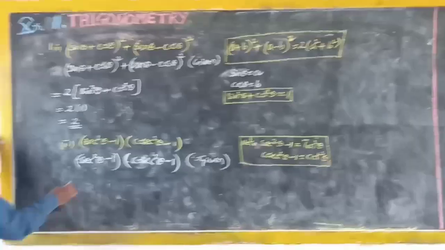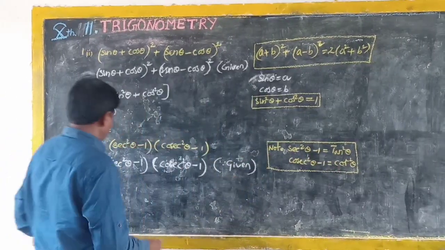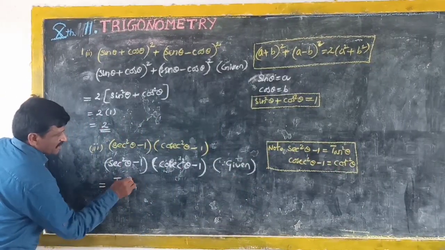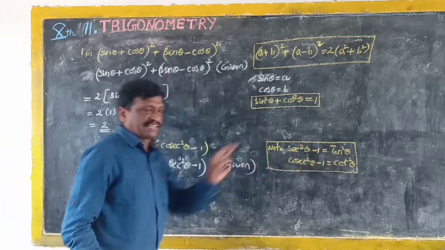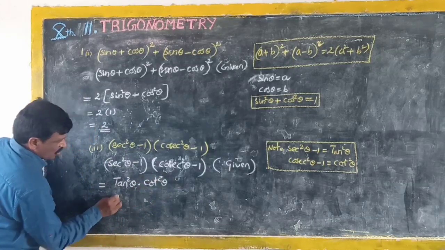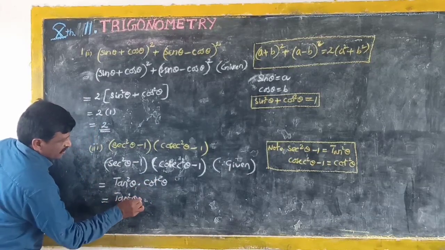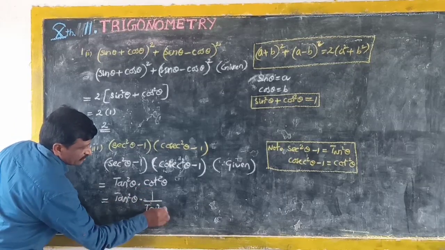So we know secant square theta minus 1 is equal to tan square theta. Tan square theta into cosecant square theta minus 1, which is equal to cot square theta. Cot square theta. So tan square theta into cot square theta is 1 by tan square theta.